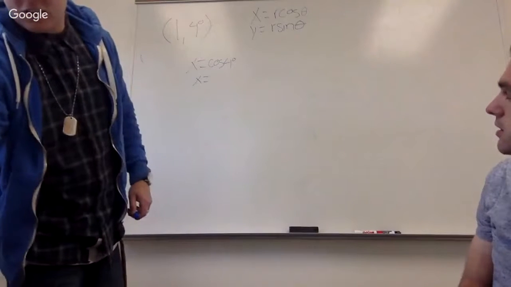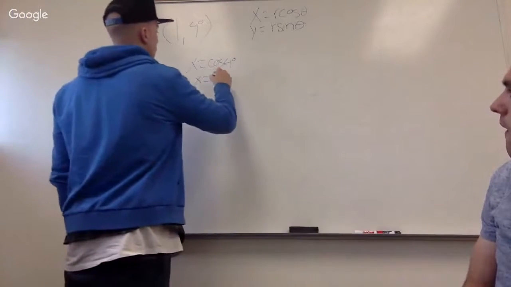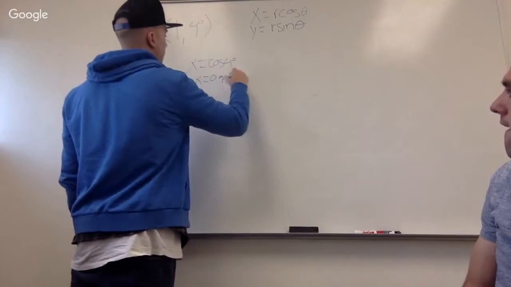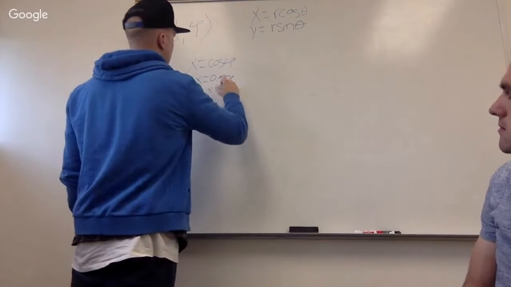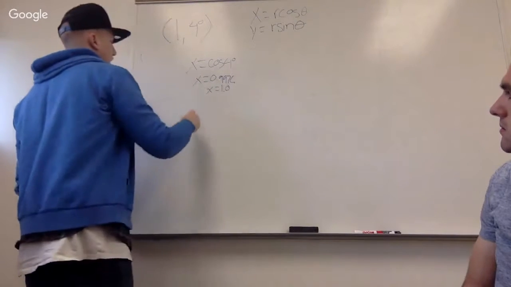And so the first one, x equals 0.9976. So I just put x equals 1, and then y.